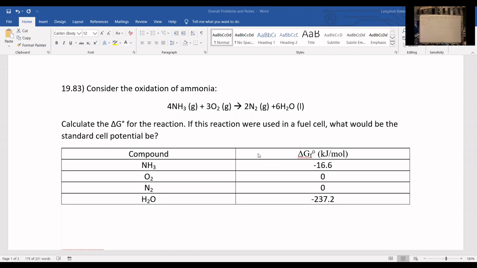Hold on, let me make sure I write this down right. I think I forgot a negative sign. Yeah, I did. Okay, delta G naught is negative.